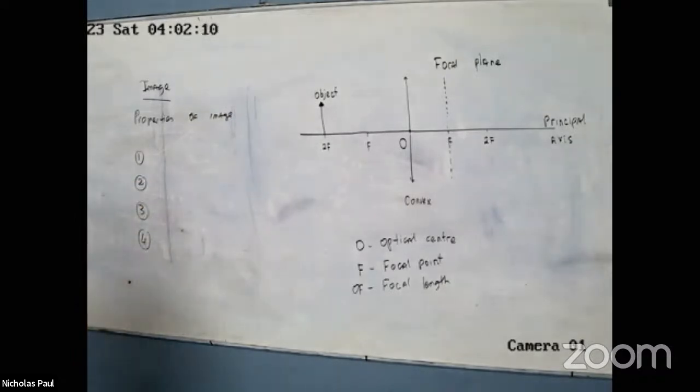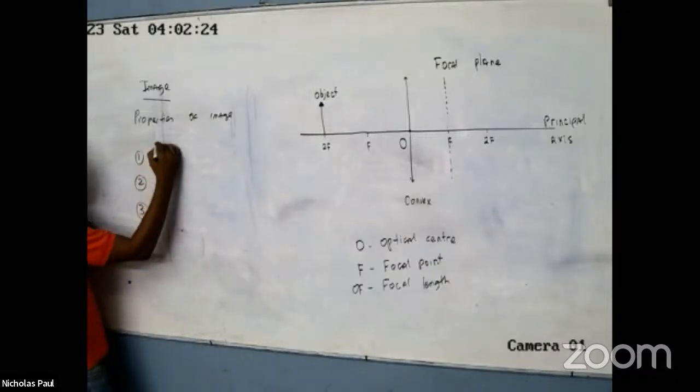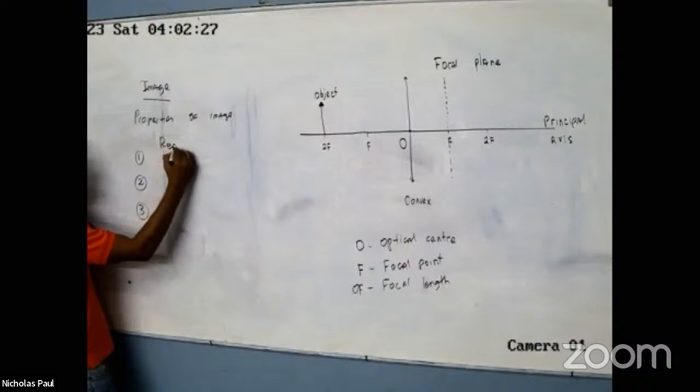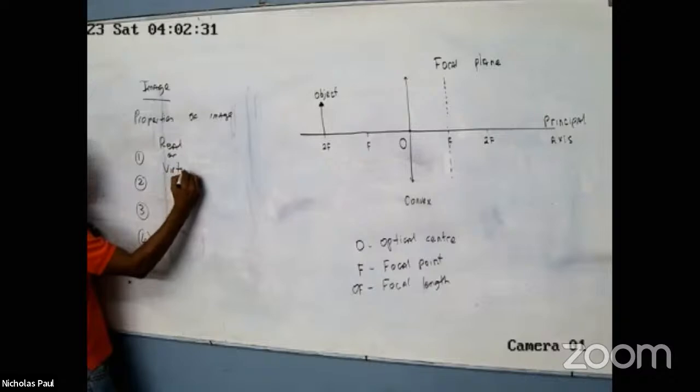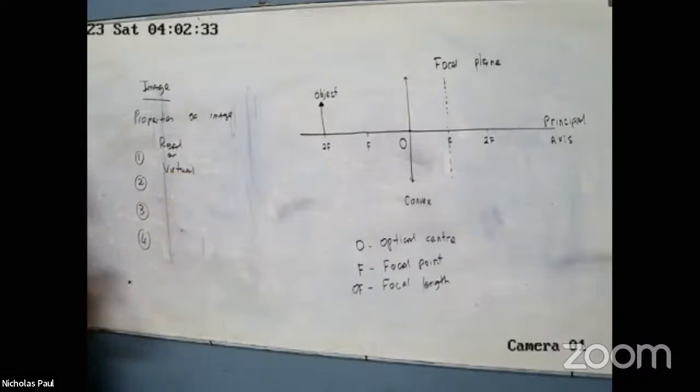There are four properties that define the image. The first thing is if the image is real or virtual.